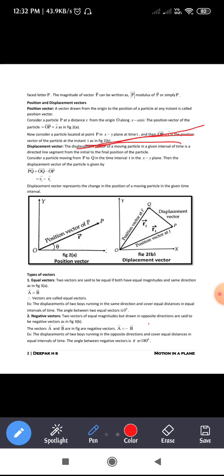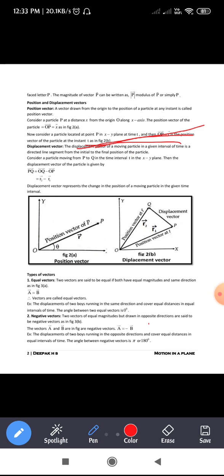The example for this is the displacement of two boys running in opposite directions and covering equal distances in equal intervals of time. The same example we took in the previous definition, equal vectors. The only difference is that the two boys are running in opposite directions, covering the same distance in the same interval of time.